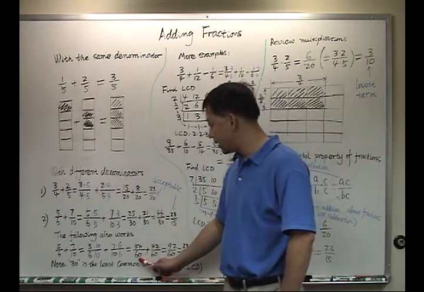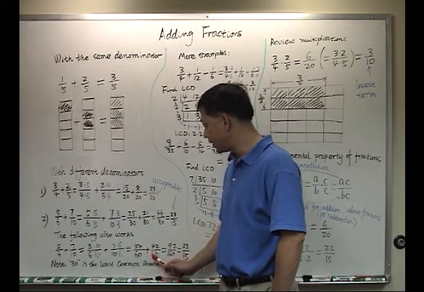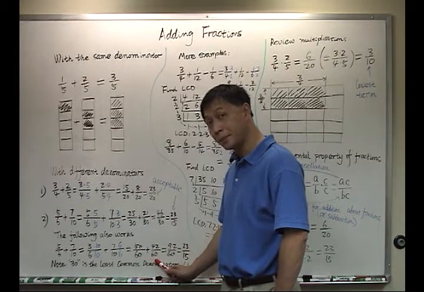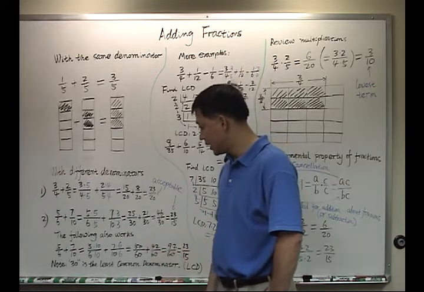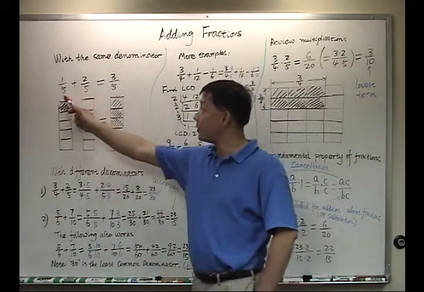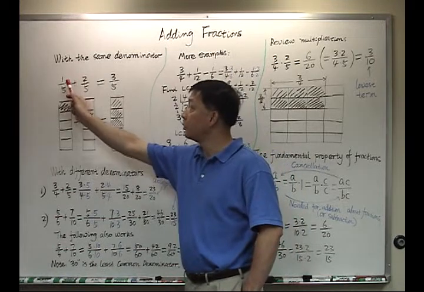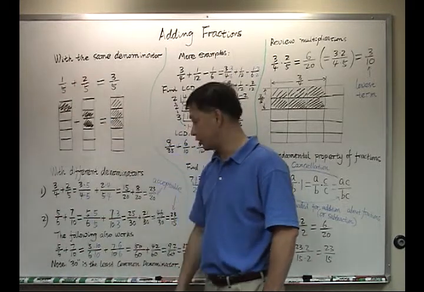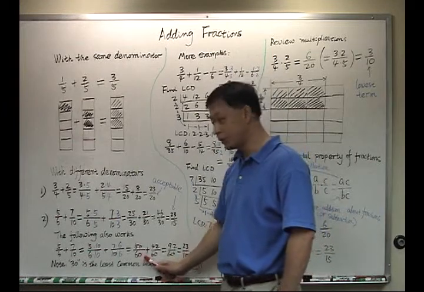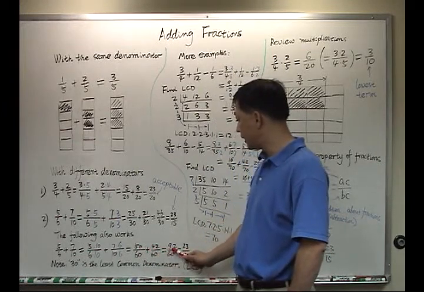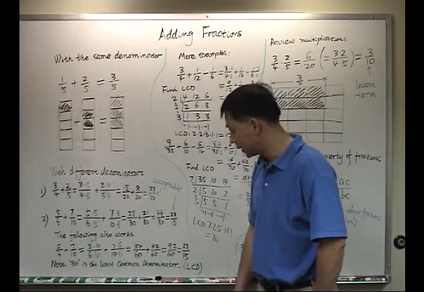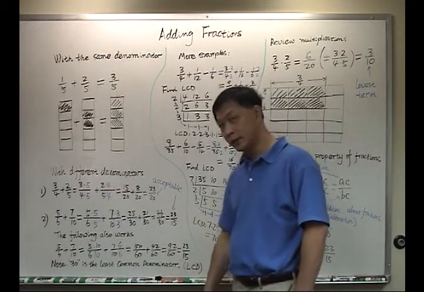So you made those two denominators the same. Then you can add numerators. As long as you see denominators are the same, you only need to add numerators. You don't add denominators. Okay? So 50 plus 42, you have a 92. Okay? 92 over 60.